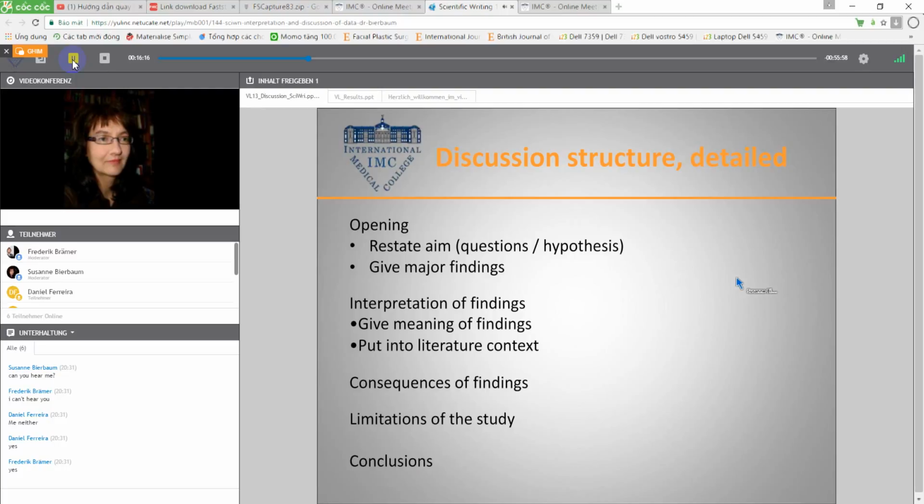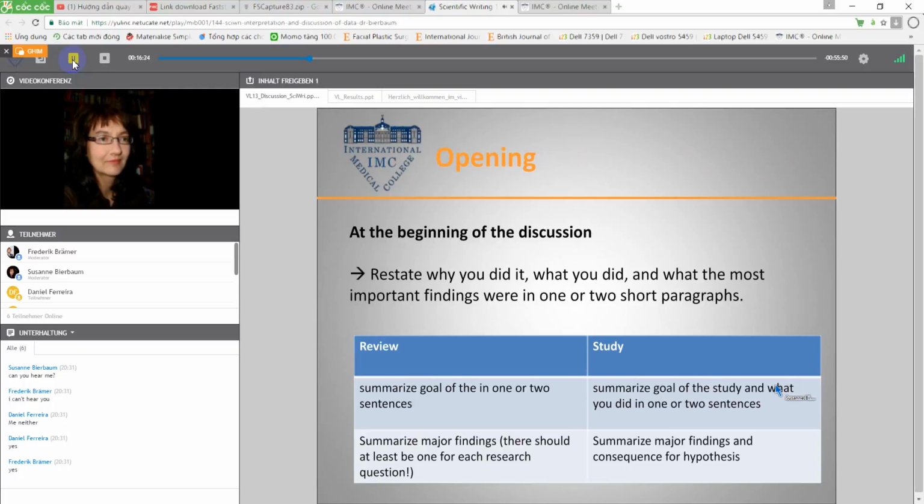So now we'll just run through these individual subsets, and I'll tell you what I think you should write in each case. So the opening, beginning, that's comparatively simple, comparatively short, because actually, really, in the first, you should again say what you wanted to do in your review or in your research. If it's a review, just summarize the goal. If it's experimental research or a study, you also summarize the goal, what was the aim of your research, and you also very shortly say what you did to achieve this goal.